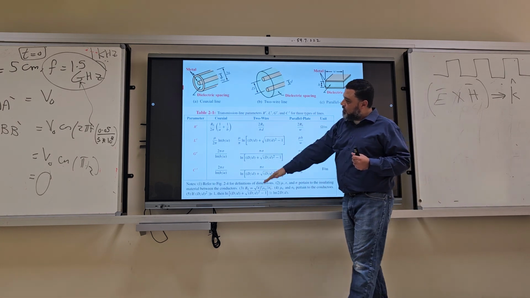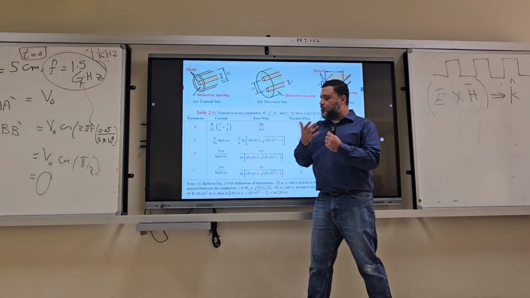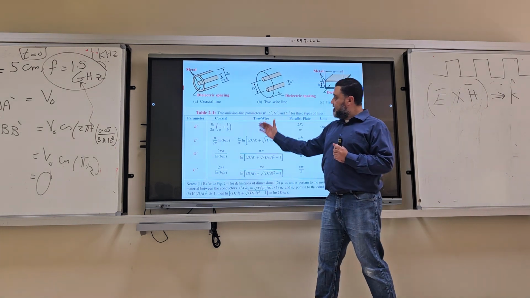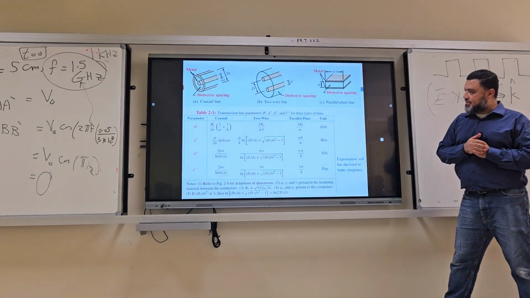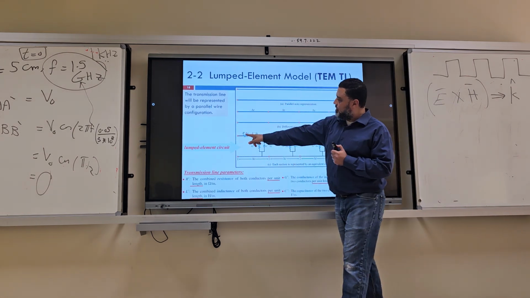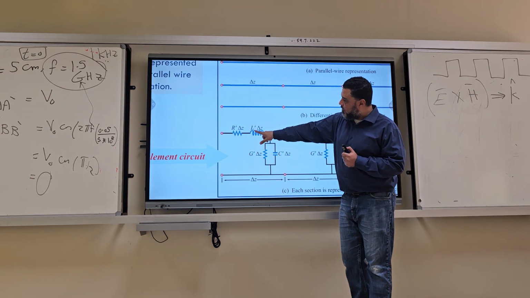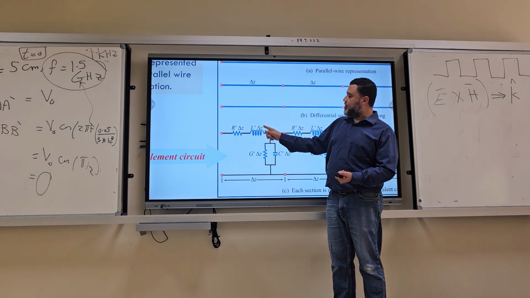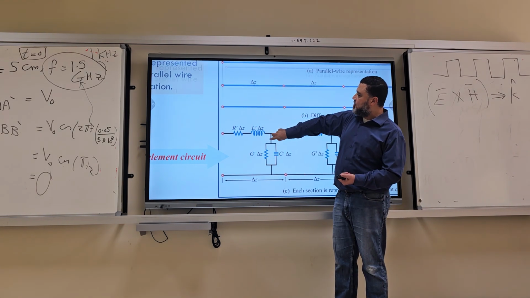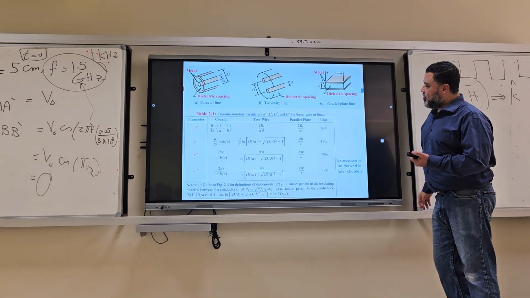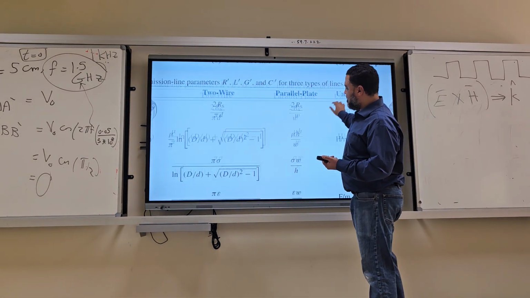For each line we have values that have been proven experimentally: R, L, C, G. Remember, R dash here is ohm per meter, the resistance per unit length. L is inductance per unit length, and so on. Look here, what are the parameters we have?